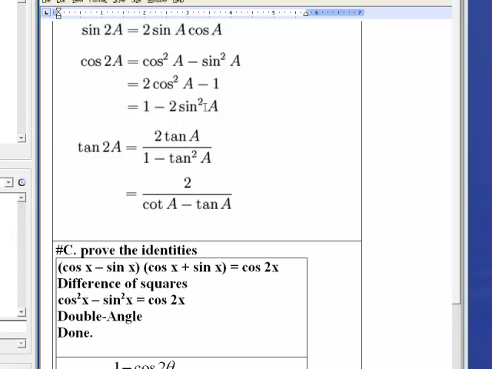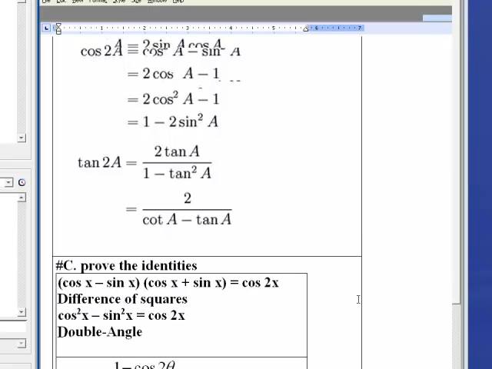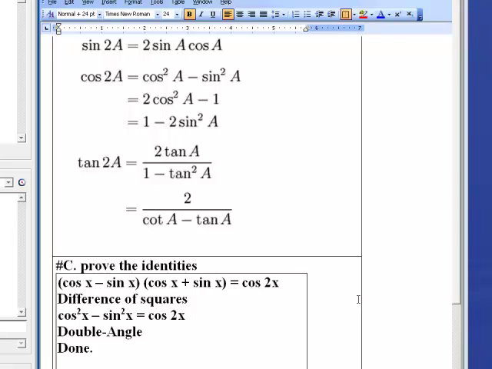So I'm going to say that this one here is 1 minus 2 sine squared theta. So what I used here is the third double angle identity for cosine.